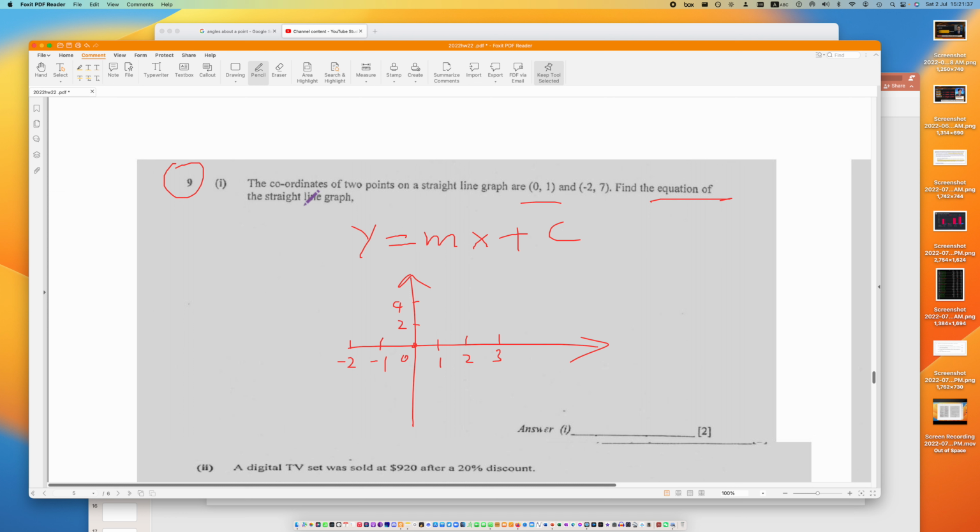2, 4, 6, 8. This is my y, this is my x. -2, -4. So 0 and 1 is here. Then -2 and 7 is here.